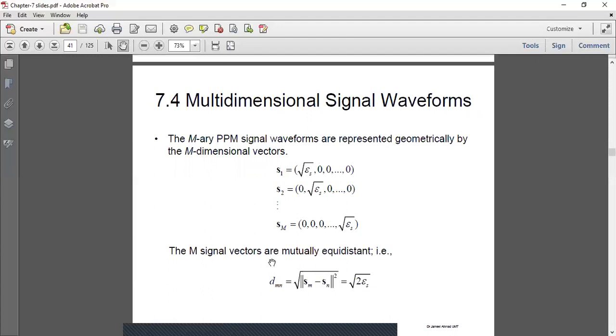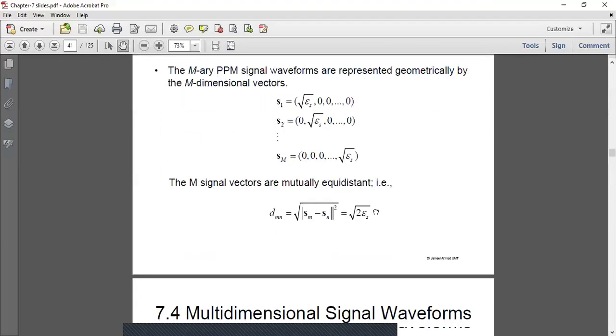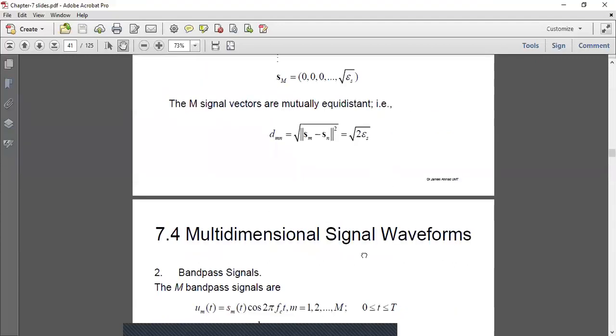The M signal vectors are mutually equidistant. If you take the distance from S1 to S2 or S2 to S3, this minus 0, this minus 0, and then taking the square, this becomes the square root of 2 times Es. This is the minimum distance between any two signal points.